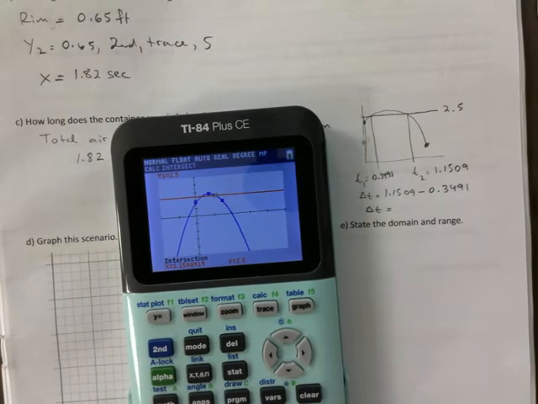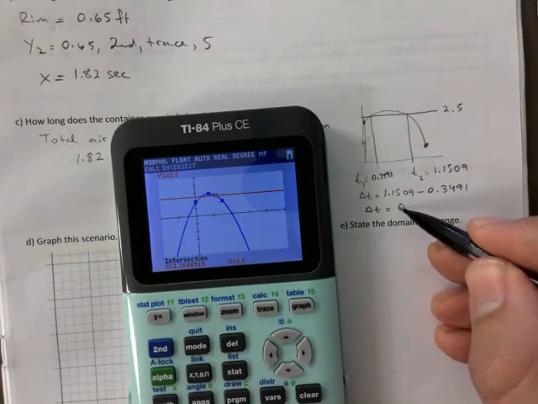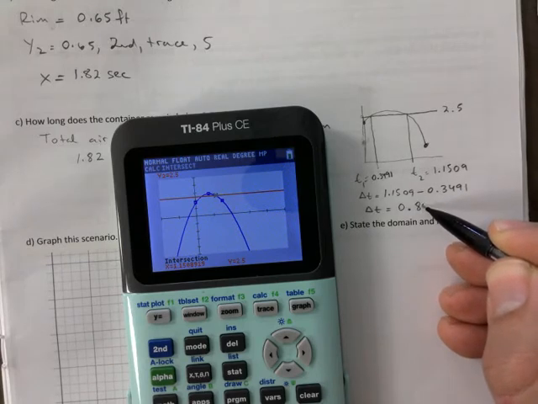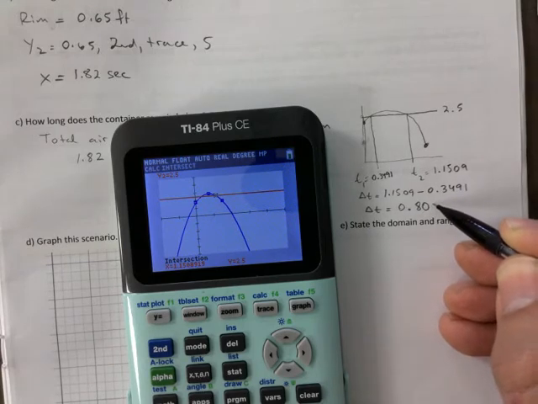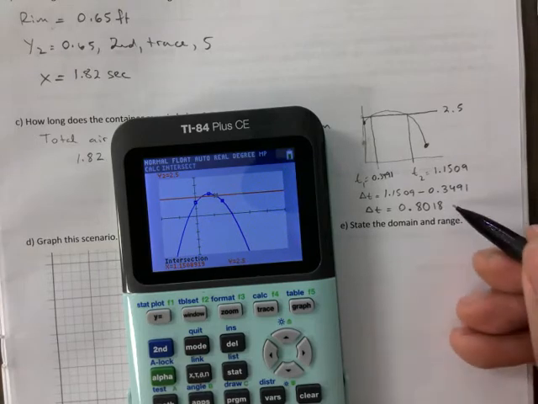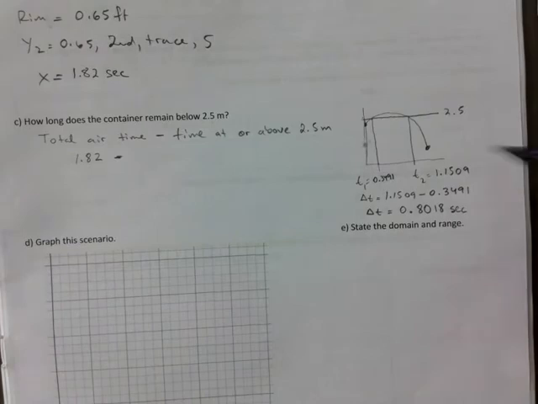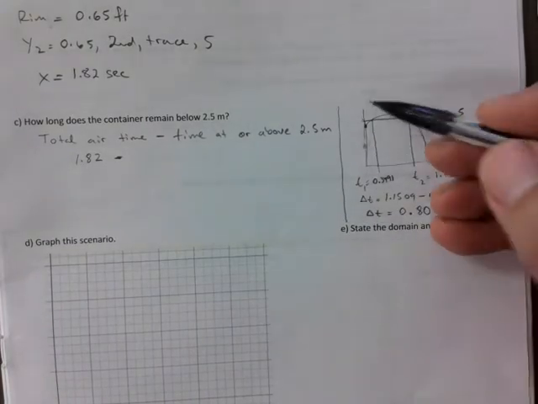So delta time is, let me check my notes here. Here we go. 0.8018 seconds. And we have to make sure we understand what's happening here.